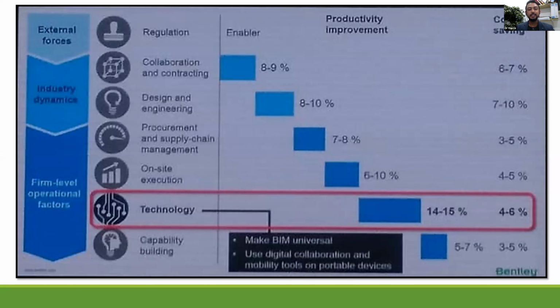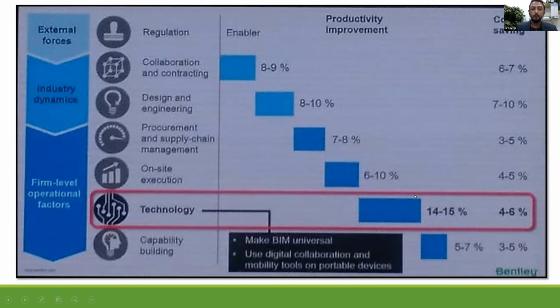And if you only implement BIM by using software alone, the benefit that you get is a bit less. You get some benefit from it, but it's not much. Like it shows from Bentley research here, if technology alone, you will only improve 14 to 15% of productivity. And you can get cost saving of around 4 to 6%. That means if you only implement 3D model, you only use technology, you only use software, you can only improve this much in terms of project implementation.